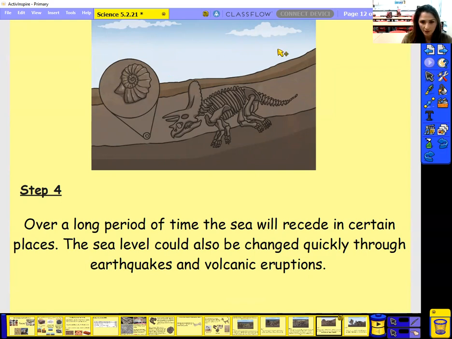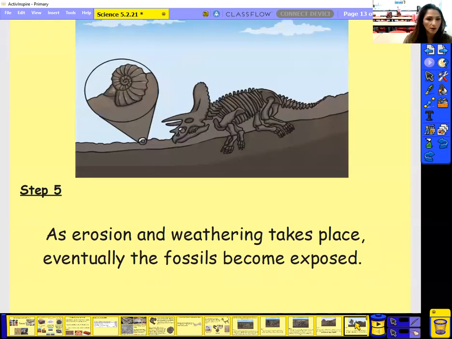So as you can see, the water's gone here. Okay, so you can see the little fossils still not been discovered yet. But let's see what's going to happen next. So step 5. And as erosion and weathering takes place. Now, erosion basically means like wear and tear, the weather, rain, things like that will eventually start to blow away, sort of get rid of the rock that's there.